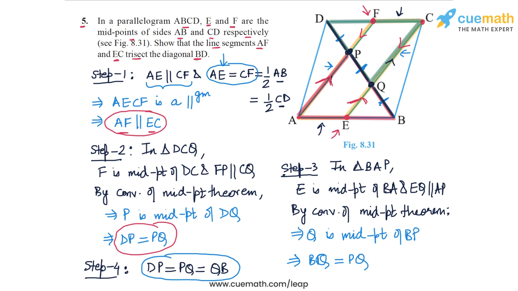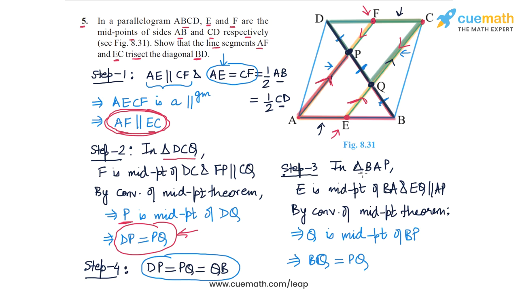Let me summarize it once again for you. In step 1, we focused on the quadrilateral AECF and we proved that it is a parallelogram, and that allowed us to use the fact that AF and EC are parallel. In step 2, we applied the converse of the midpoint theorem to triangle DCQ and proved that P is the midpoint of DQ, which means that DP and PQ are equal.